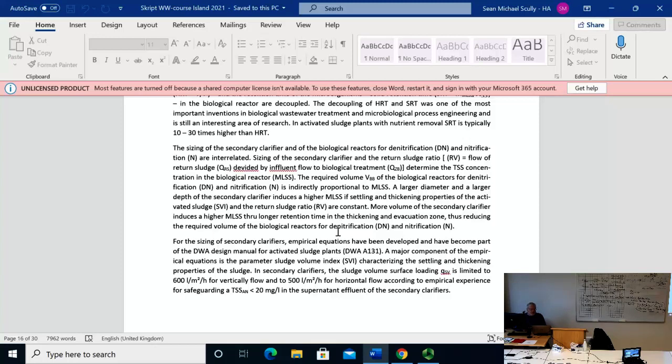And in order to attain the required SRT, we need to have a sufficiently low food to microorganism ratio. But this is all what we're going to treat in biological systems, the F/M ratio, the food to microorganism ratio.